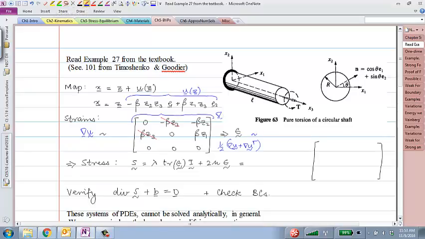So that would be represented by half times beta. I'll pull beta outside, and I have 0, 0, 0, 0, and minus z2, z1, minus z2 and z1, and 0.